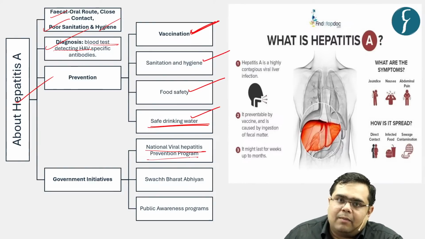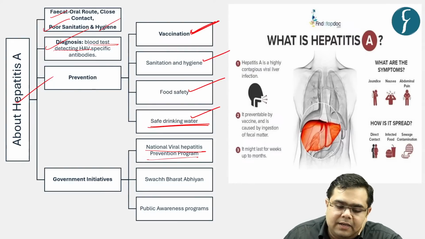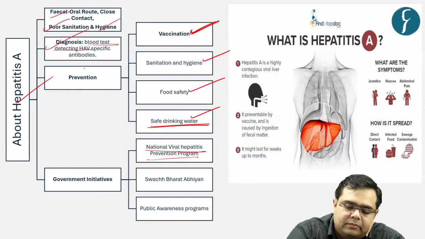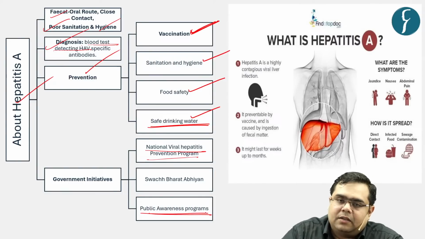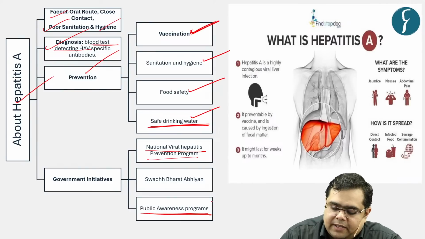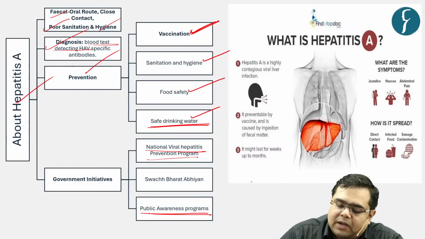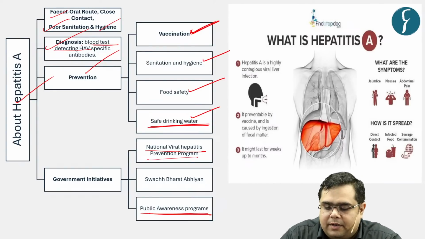Then another component, Swachh Bharat Abhiyan in general, is associated with overall cleanliness, and cleanliness leads to prevention of this disease. And the government is also proactively working on public awareness programs to improve the condition of hepatitis A in the country.